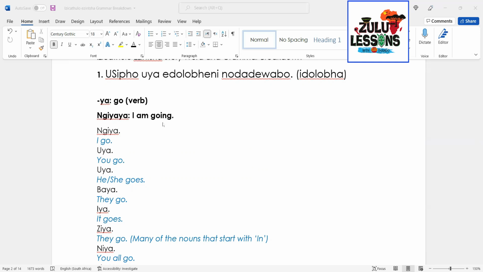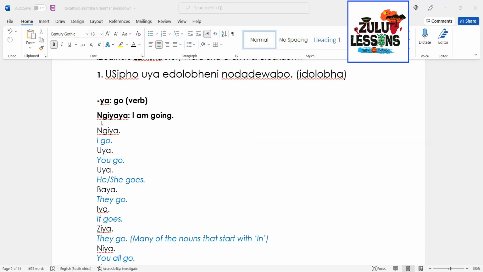Do you hear that ya before the verb? So between the pronoun and the verb, or between the subject concord and the verb, uyahamba, he or she is walking. So that ya is not this one. That is not what we are talking about. This one is actually a verb, to go.